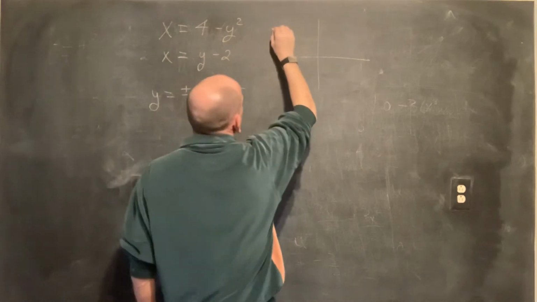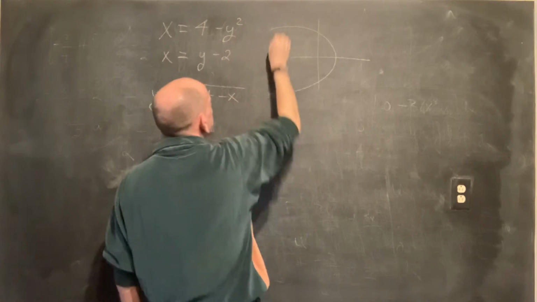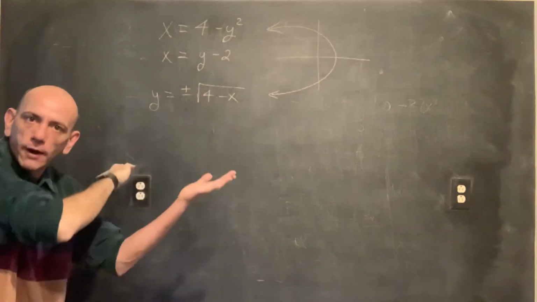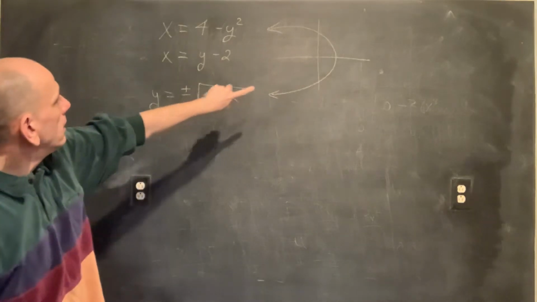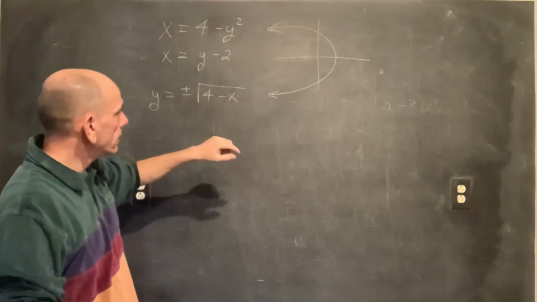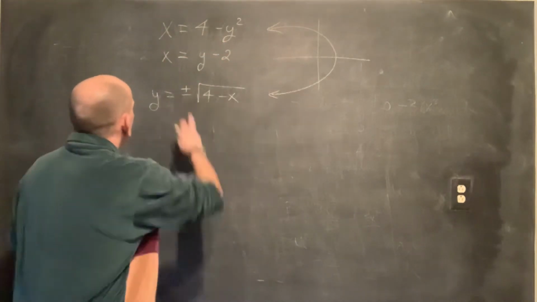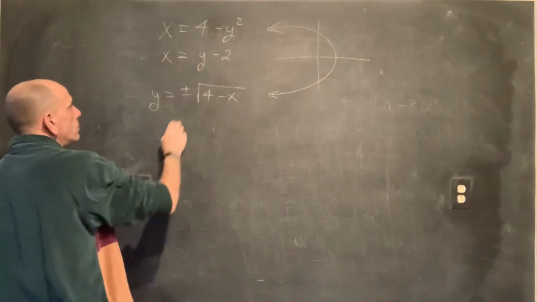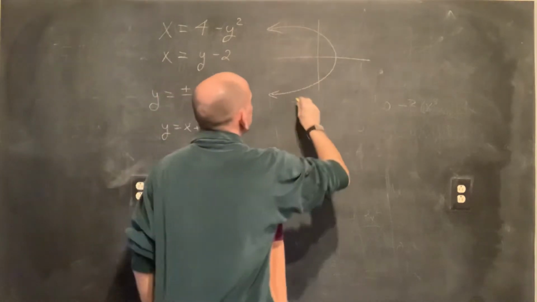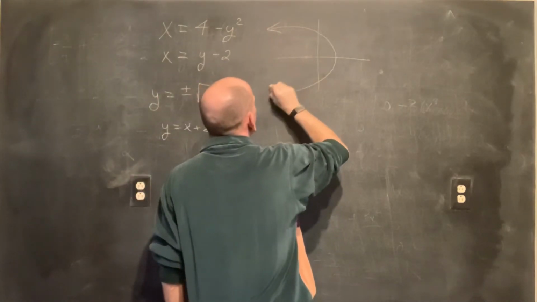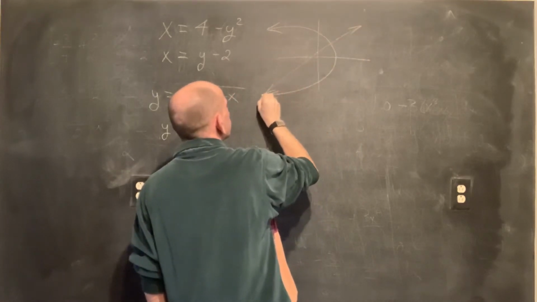So that's something like this, plus or minus. It's a root that's turned around, and it's still symmetric, and we have both the plus or minus. Okay, and then x equals y minus 2, well, I just add that. y equals x plus 2, so that looks something like slope of 1 and lifted up a bit, more or less.